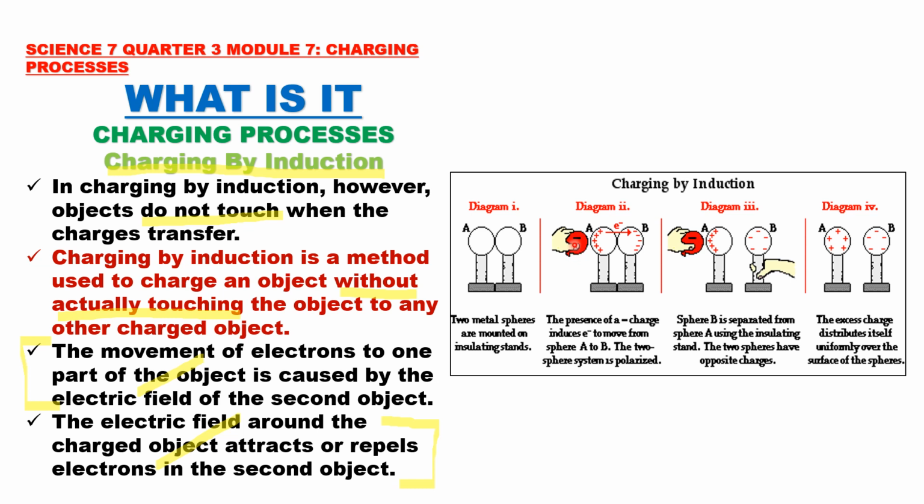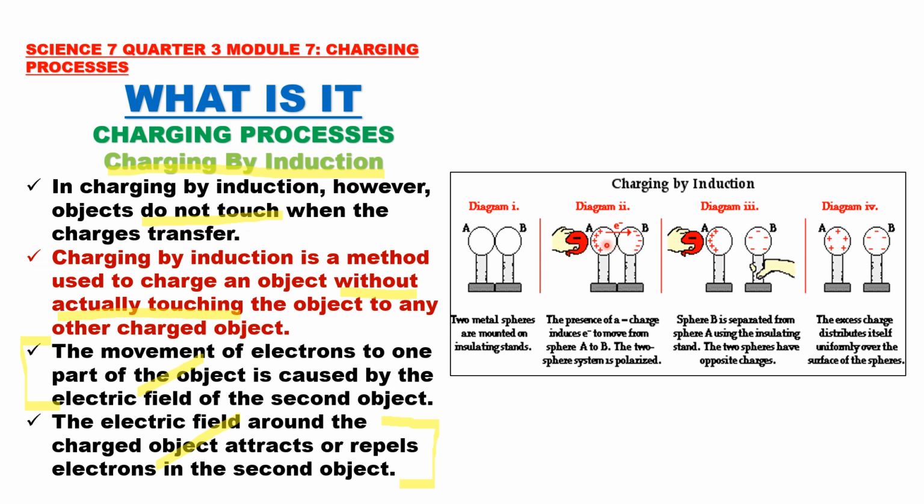So the charged object is negatively charged. So, ang mangyayari, yung electrons dito sa ating sphere A would move away from this charged object. So, why? Kasi sabi natin sa mga previous slides, negative charges repel negative charges.